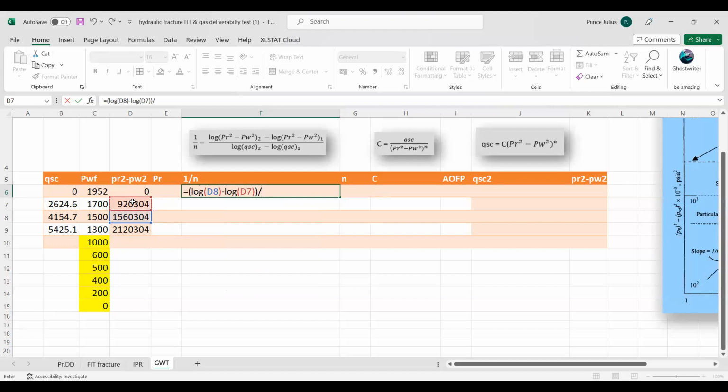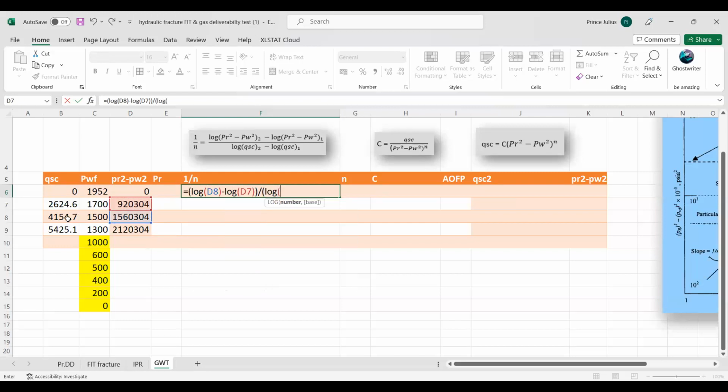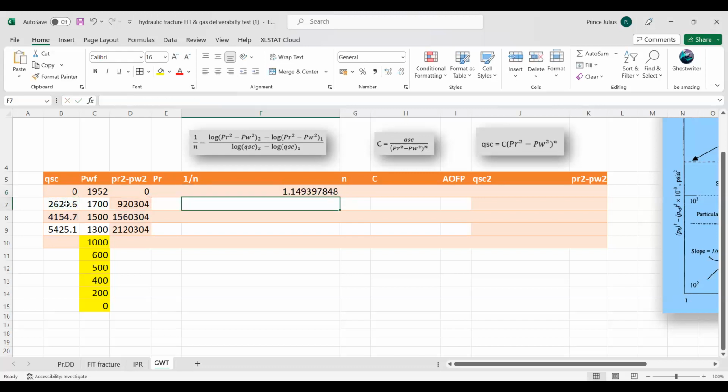So my numerator part was completed, and denominator when it comes, then that will be log q values. That is my x2 minus log x1 value. That is this. So I have completed the denominator part, and I'm going to equate it. So the value of 1 by n is 1.14. So inverse of it, 1 by this value give me my n value, that is 0.87. So you have the value of n.